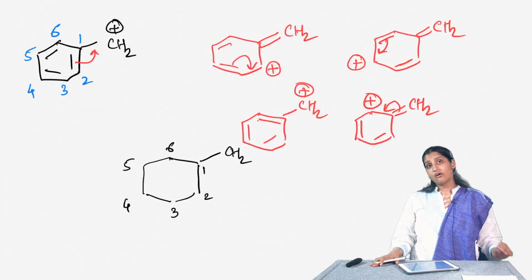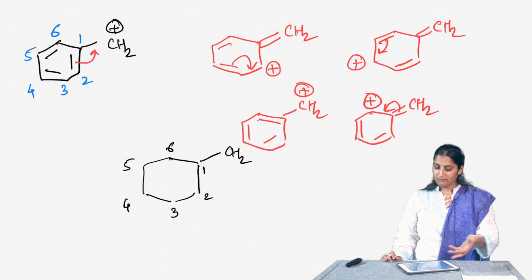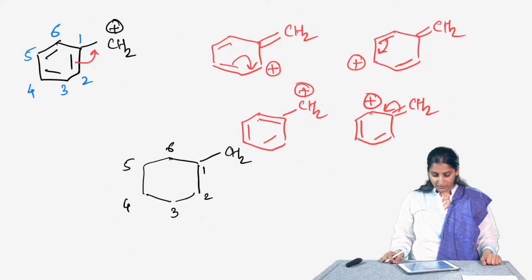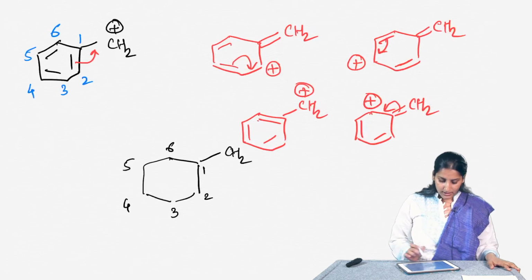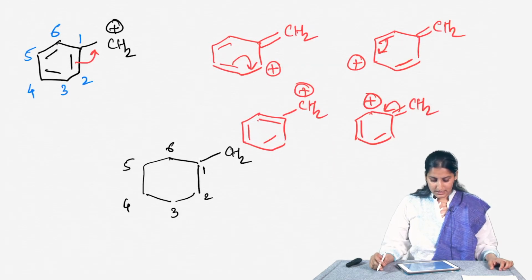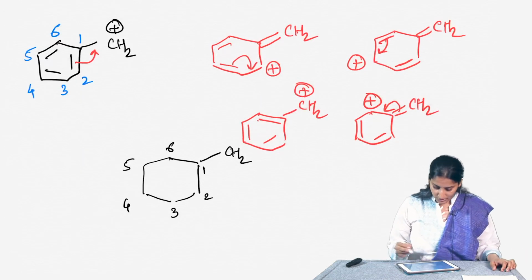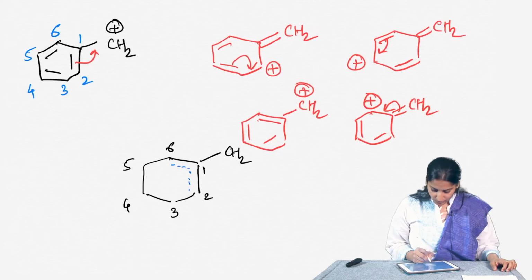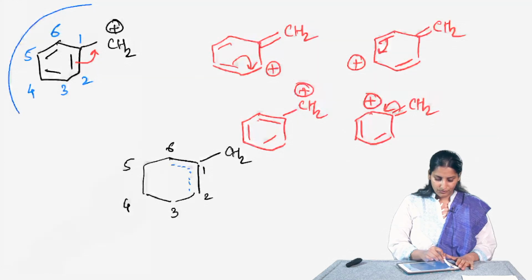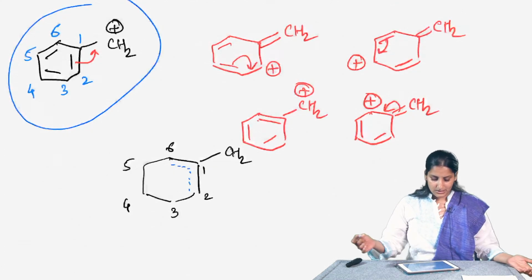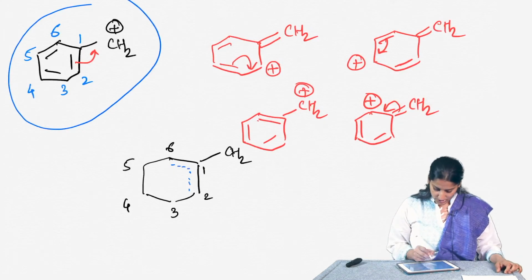Of course, I have not drawn the carbon hydrogen bonds that are kind of there, but we have not drawn them anywhere. Now, let us look at the pi bonds. So, the pi bonds are there in between 1 and 6. It is there in some of the resonance structures, it is not there in some of the other resonance structures. So, it gets a partial line. Same goes for the pi bond between 1 and 2. So, it is present in this first structure, but it is absent in the second structure. So, that gets a partial line.